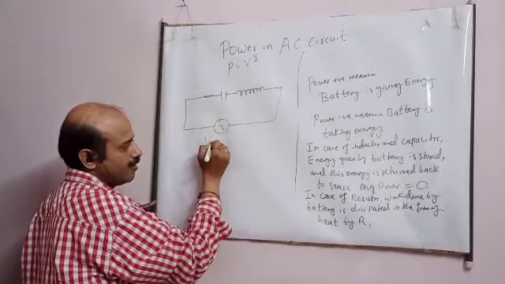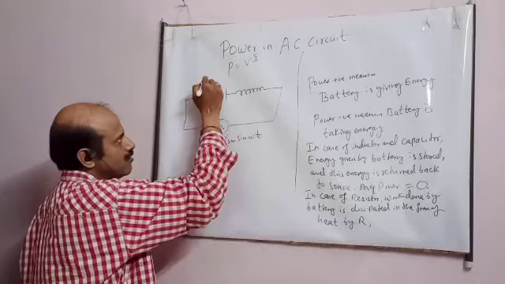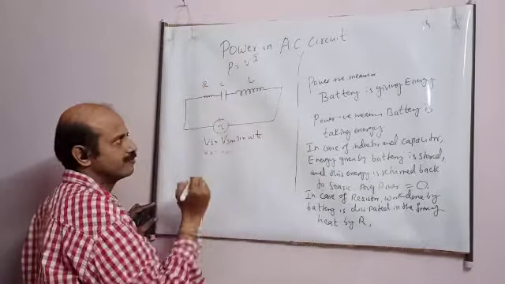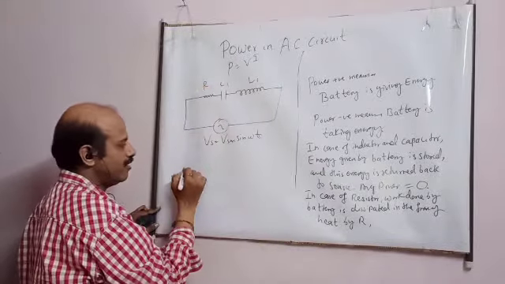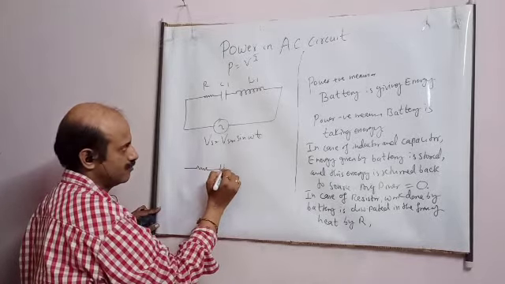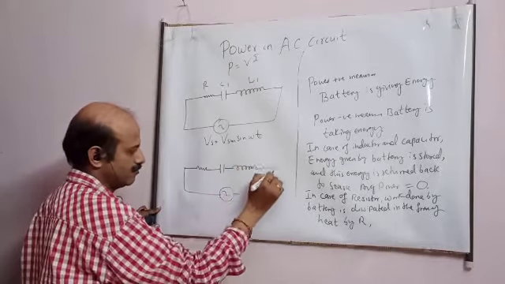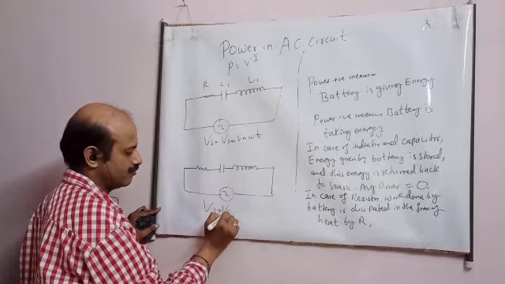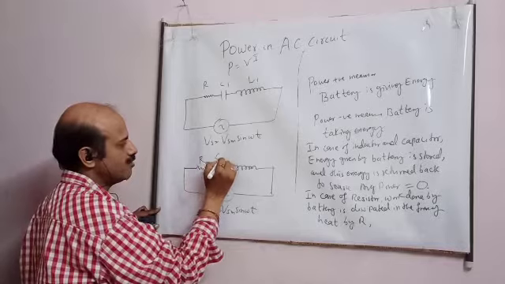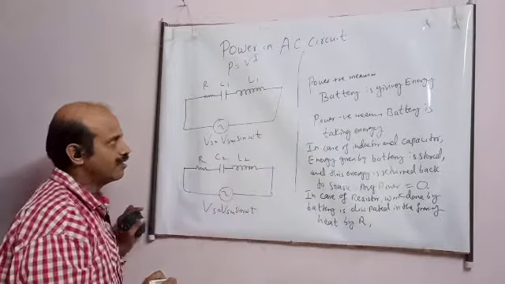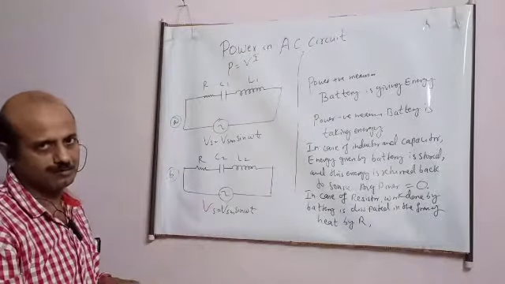Here the voltage I am applying is, this is R, this is C, this is L. This I am taking C1, L1, R. Another circuit I am taking, student. Same voltage. Resistance same, but these values are different. And the question is, average power, will it be same or not in both these cases?